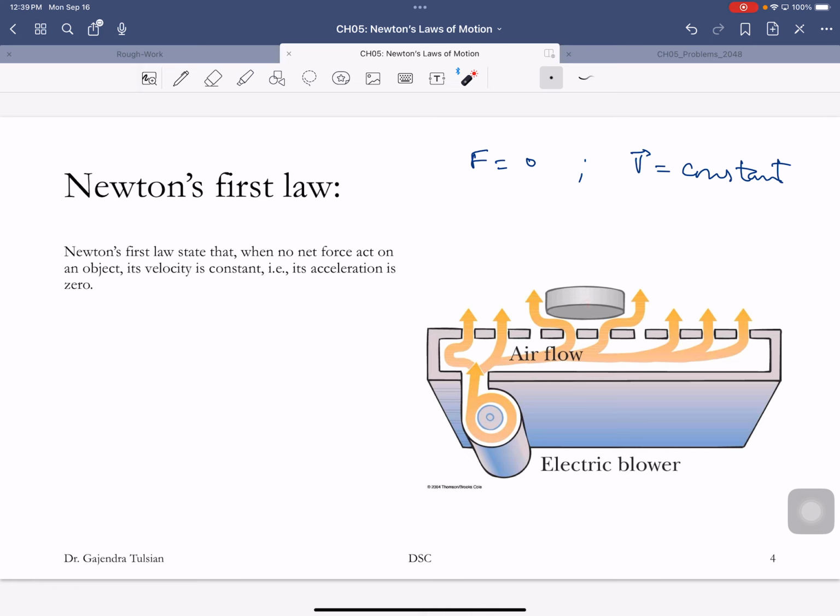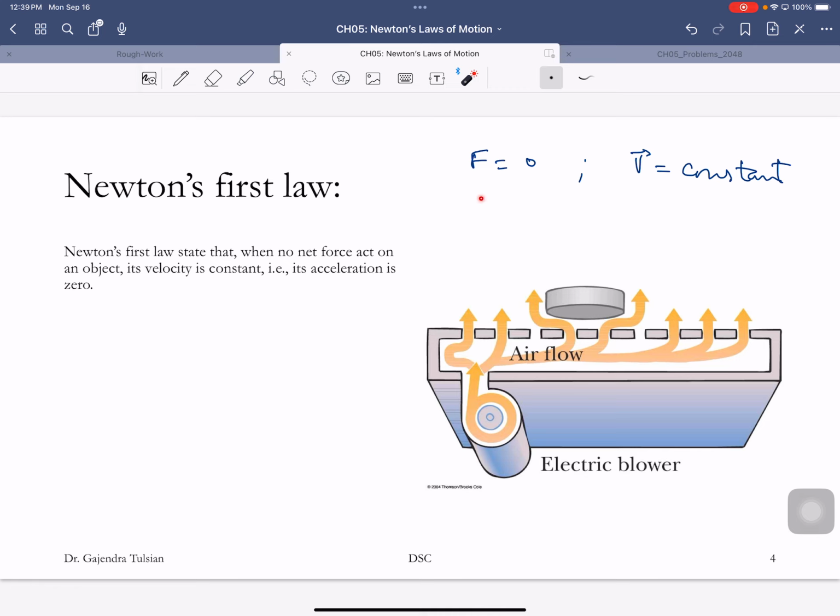The layer of air reduces friction tremendously, and you get the puck moving, and it'll move at a constant velocity till it hits one of the side rails. If you went into space, far away from all objects, and threw a ball at 90 miles an hour, it'll keep going at 90 miles an hour forever until it interacts with something else. So that's Newton's first law.